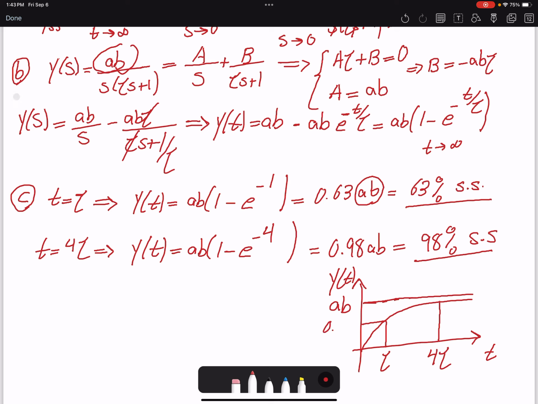Let's write 0.63 ab, and this part would be 0.98 ab. Depending on that time constant, you would see that it could take a short or long time. If the time constant is only 1 second, then in 4 seconds we get to 98% of our response.